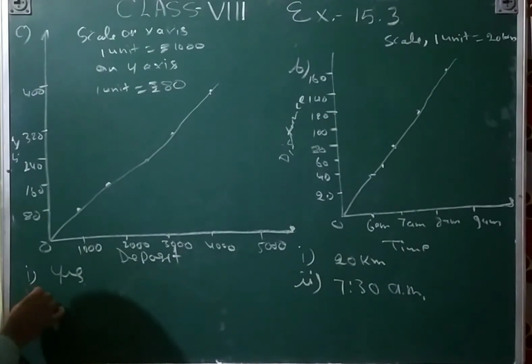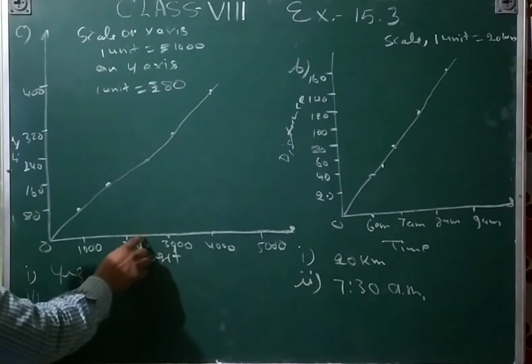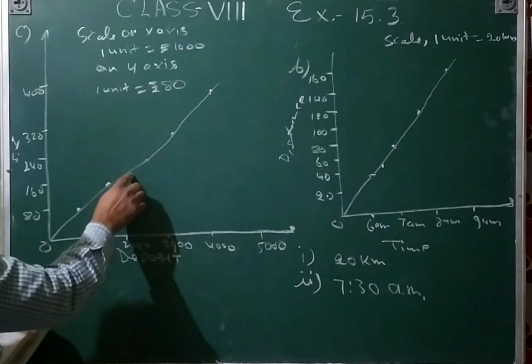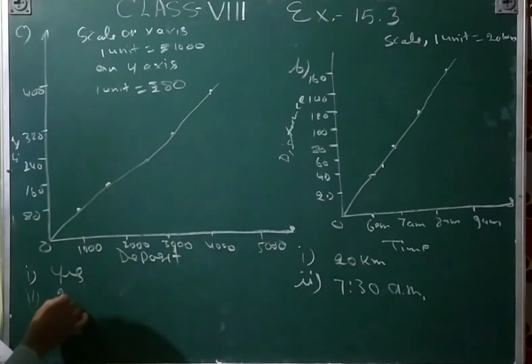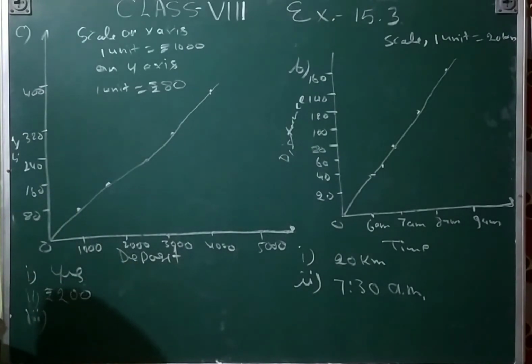Second part, use the graph to find the interest on rupees 2,500. On 2,000 it is 160, so on 2,500 that will be 200 rupees. When you draw it in your graph, then you will see very clearly.